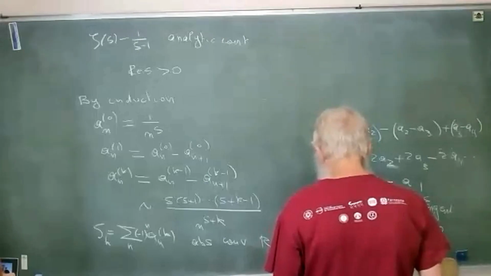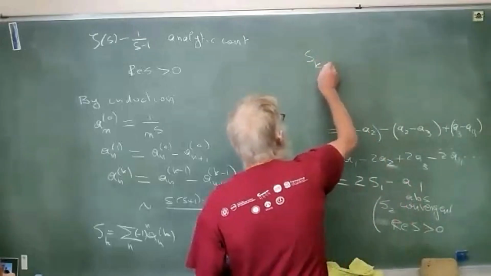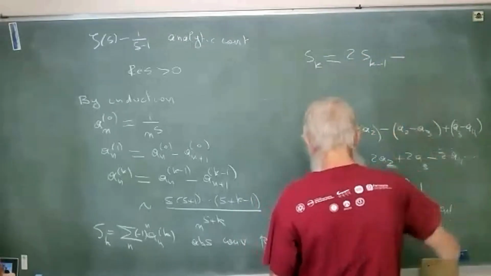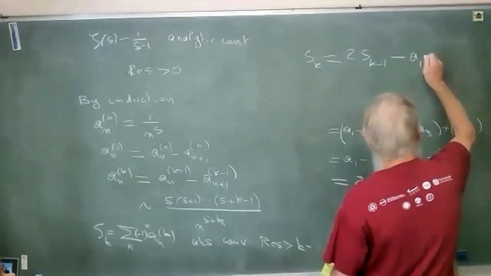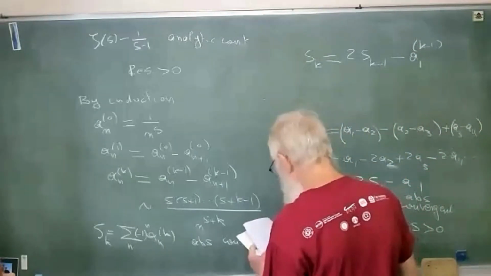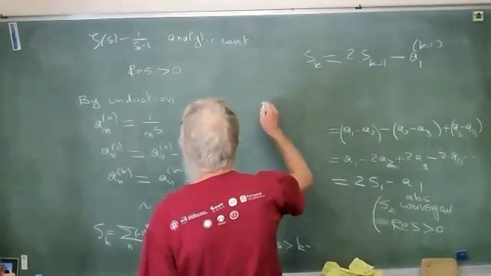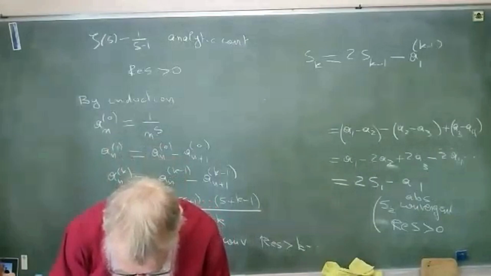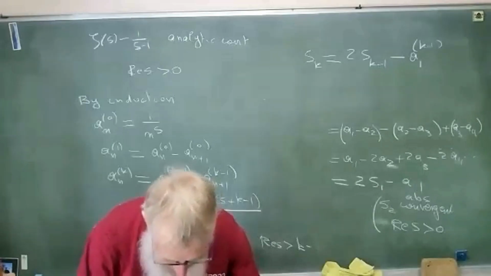And so we have by induction that Sk is equal to 2 Sk minus 1 minus a1 to the k minus 1. And so this proves that the Riemann zeta function extends into an analytic function in all the plane. Okay, so this is one proof of the analytic continuation.